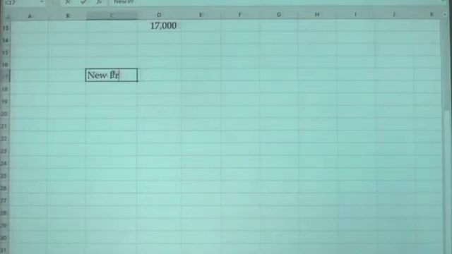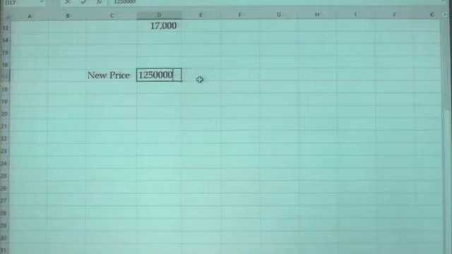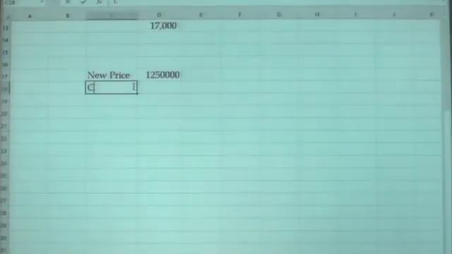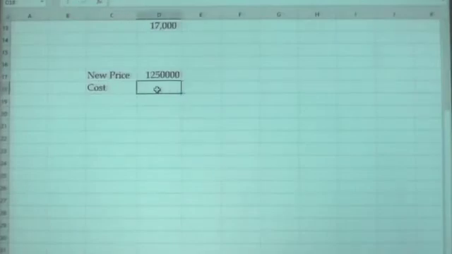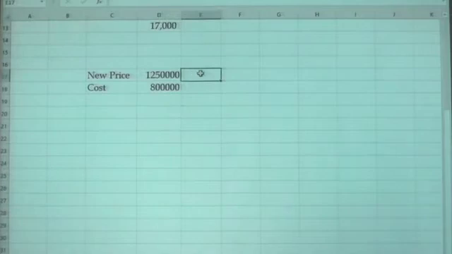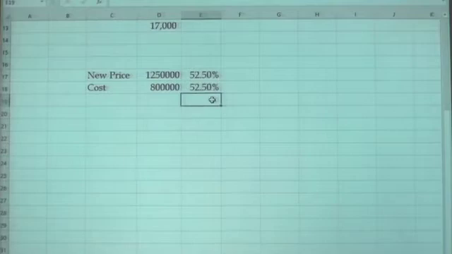New price 1.25 million, right? Cost 800,000. Percentage not change, 52.5. These are the new information, right?